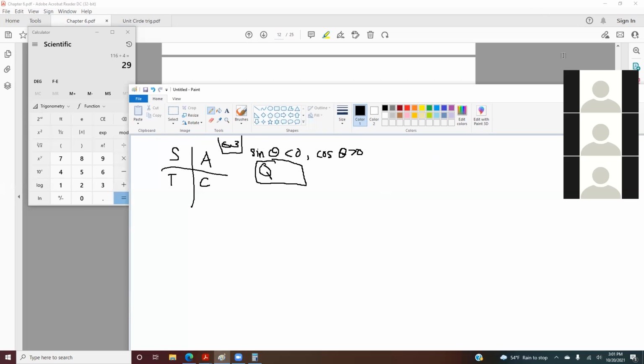In order for us to figure out what quadrant it belongs to, you have to figure out what makes sine theta less than 0, which means negative. So can you tell me what quadrant sine theta is negative? Less than 0 means negative.